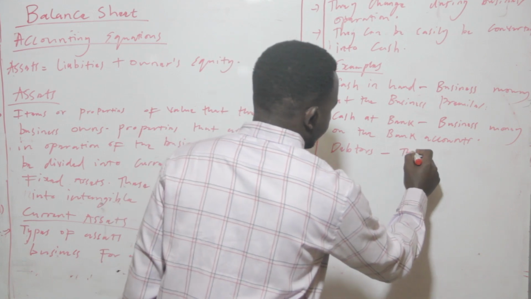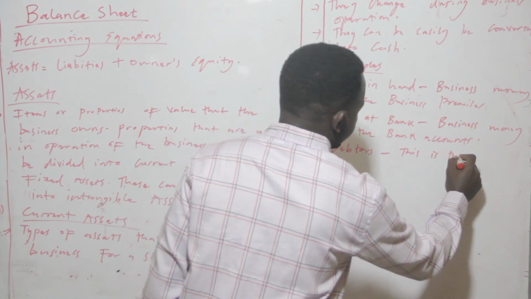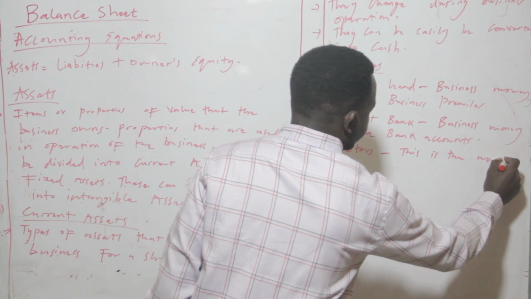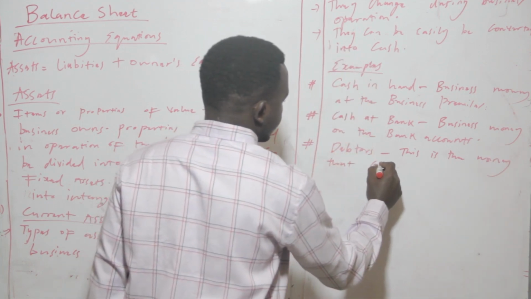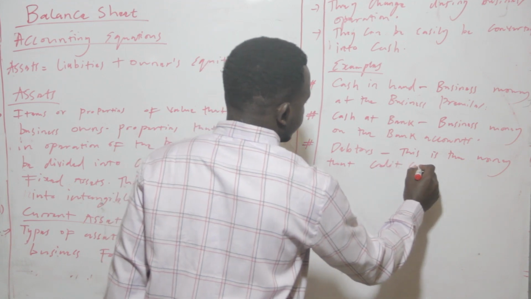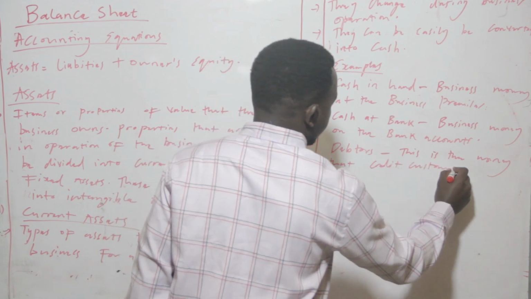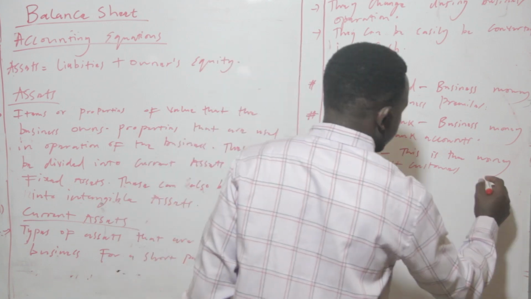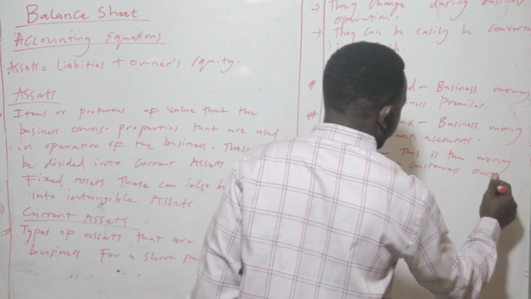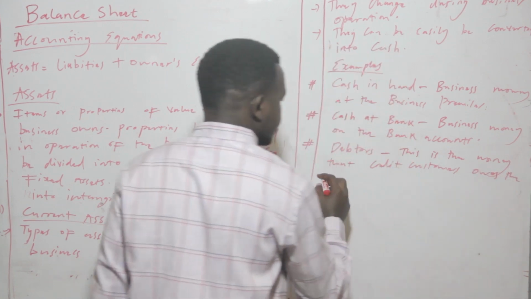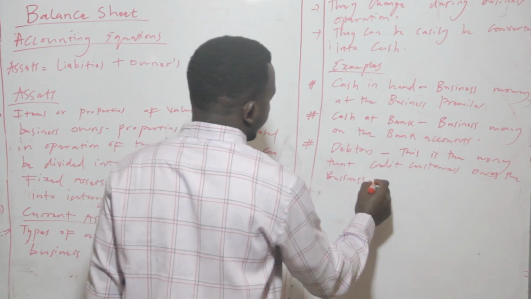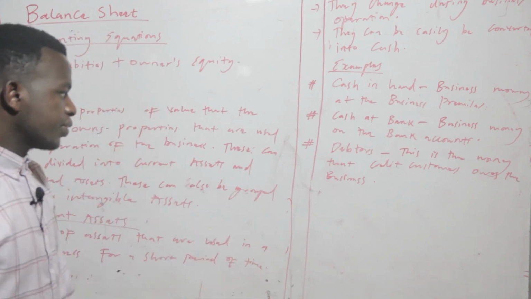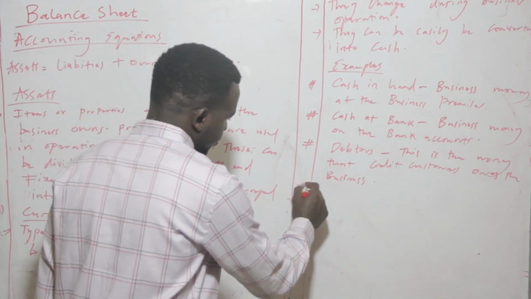So this is the money that credit customers owe the business, or us. Then we also have stock.